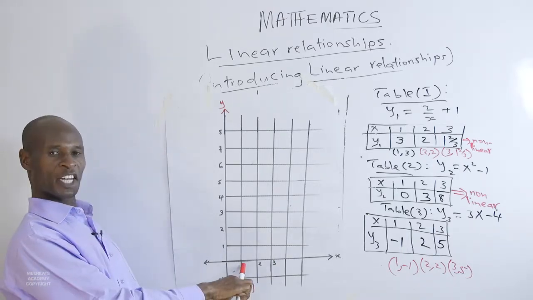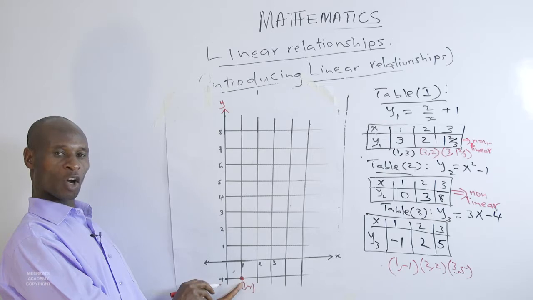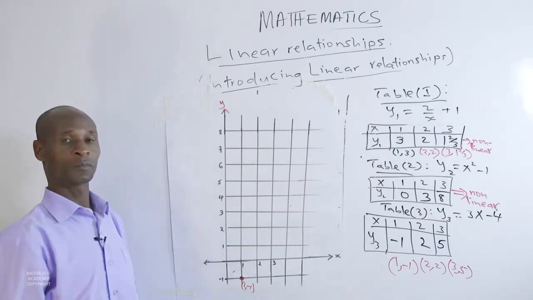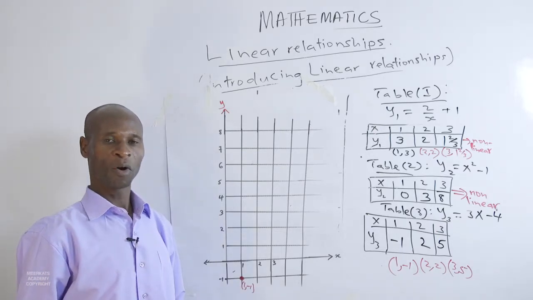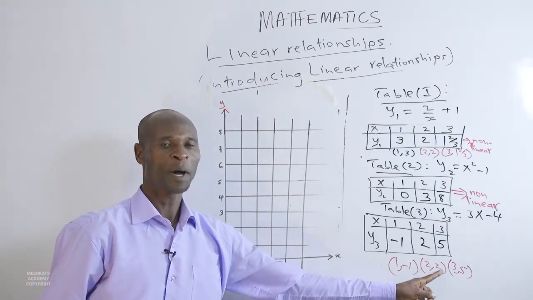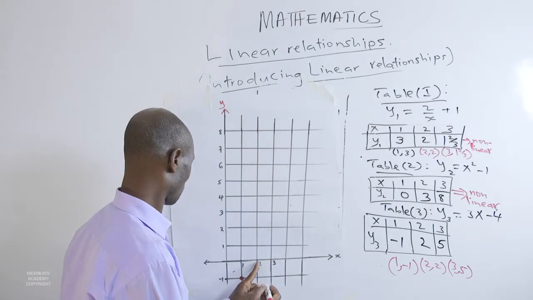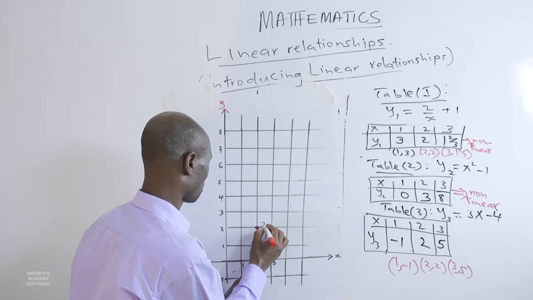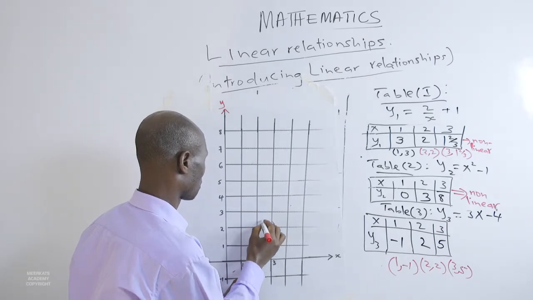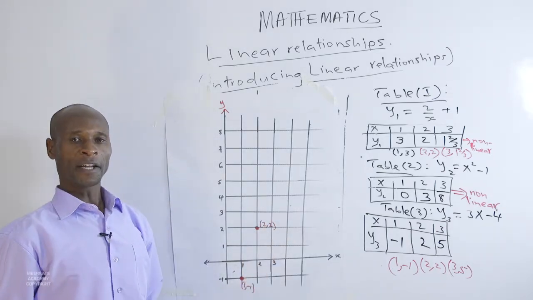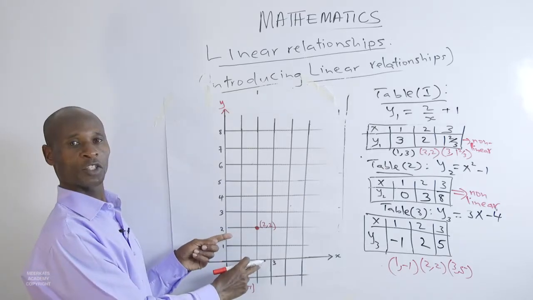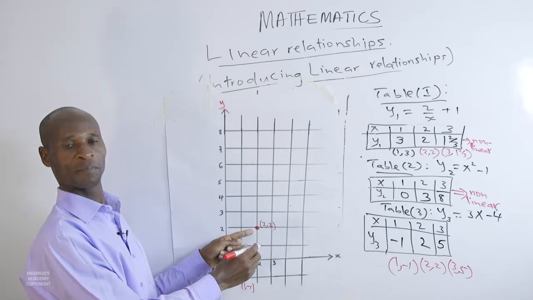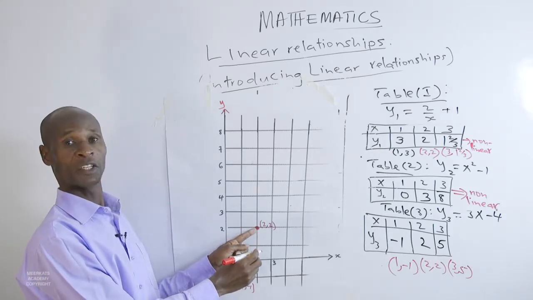That is, the x coordinate is 1 and the corresponding y coordinate is -1. We move on to the second point, which is 2, 2. That is, x coordinate is 2 and the corresponding y coordinate is 2, and the point has been plotted using a big dot.